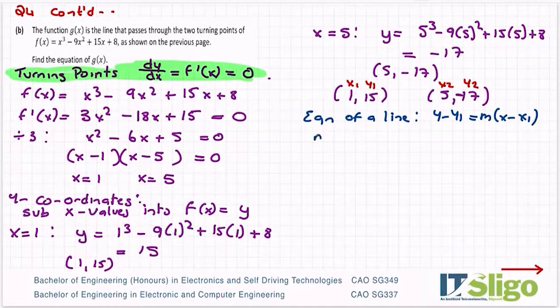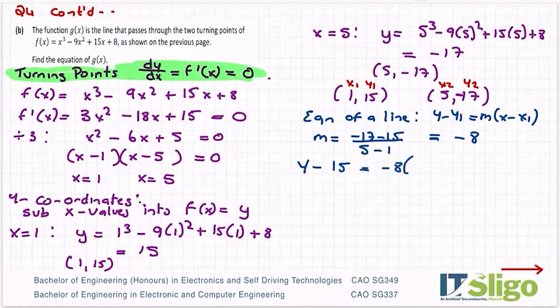And let's find my slope. m is equal to y2 minus y1 over x2 minus x1. Minus 32 over 4, so it's minus 8. Therefore your equation: y minus y1 equals minus 8 times x minus x1.